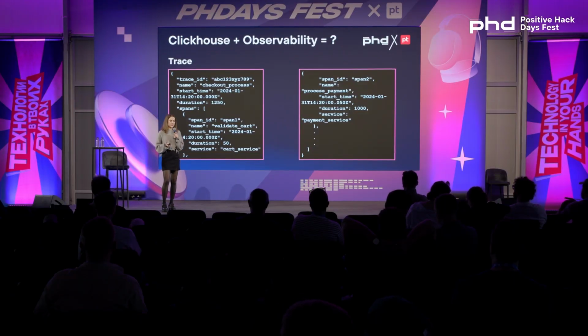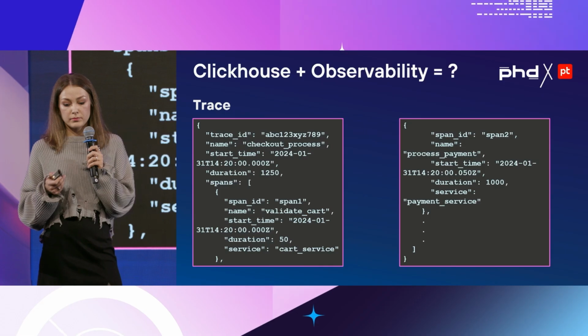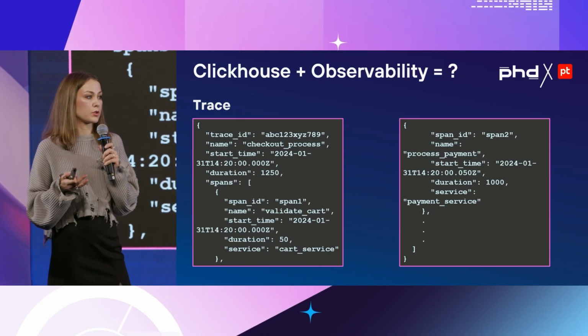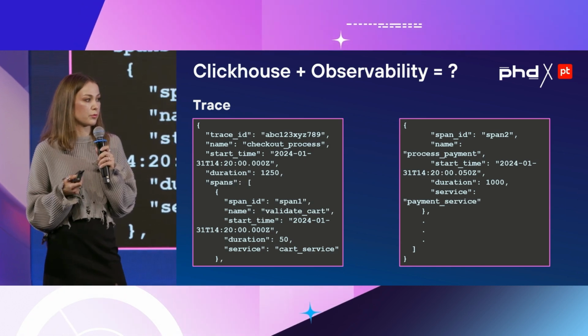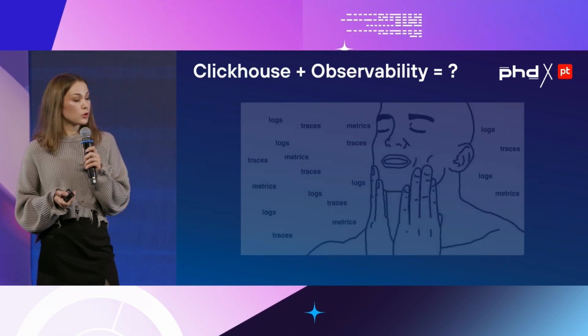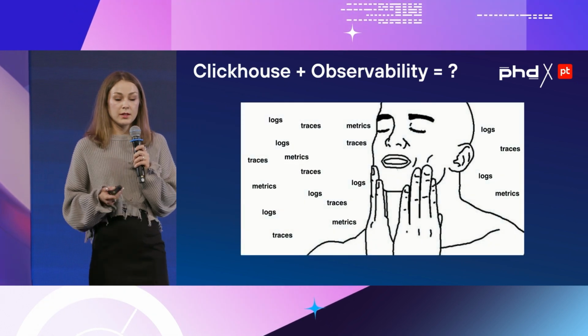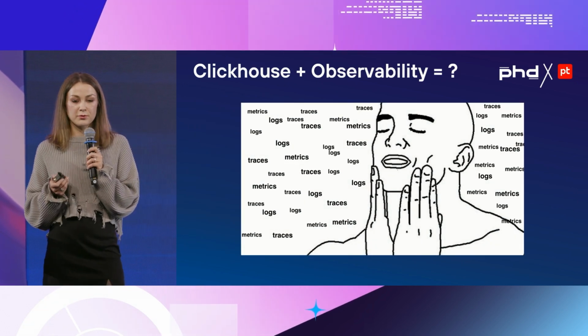And there are also traces. Traces show the interaction between the components and how the query travels between the services, and this is super important. They are records that track the journey of requests as they flow through distributed systems.